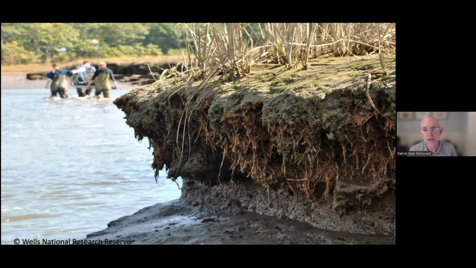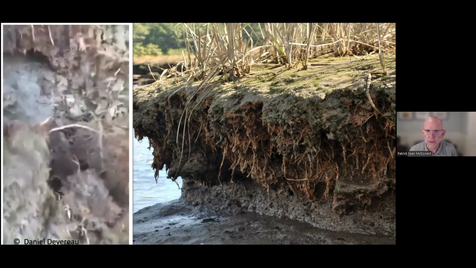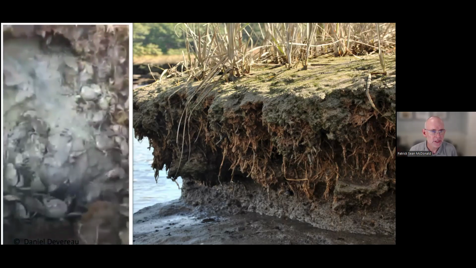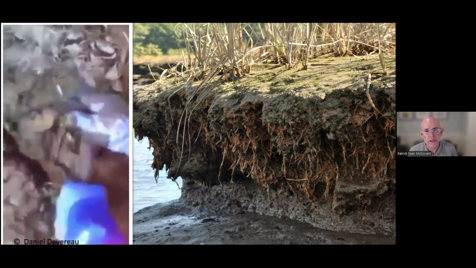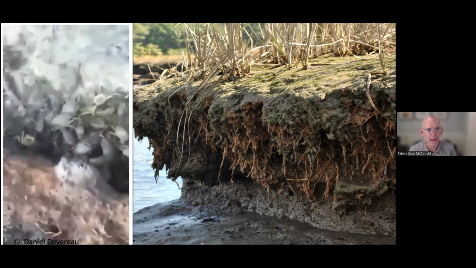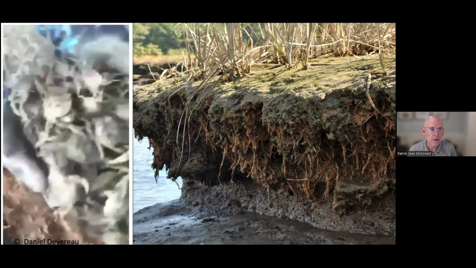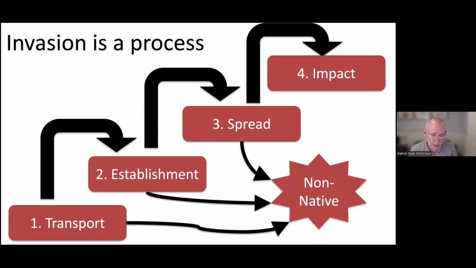Well, again, it's just sheer numbers. What you're looking at in this short video, hopefully you can see that, is actually from Newfoundland. And these are bounty hunters that are out removing green crab, and they're slicing open part of a marsh bank, and you just see it's riddled with green crab, thousands upon thousands of these crabs. I won't continue with that video, primarily because bounty hunters are not necessarily very humane when it comes to dispatching green crab. It's not a pretty sight.